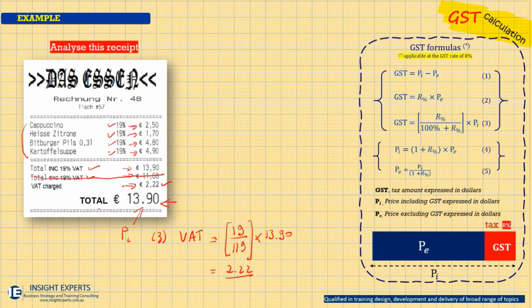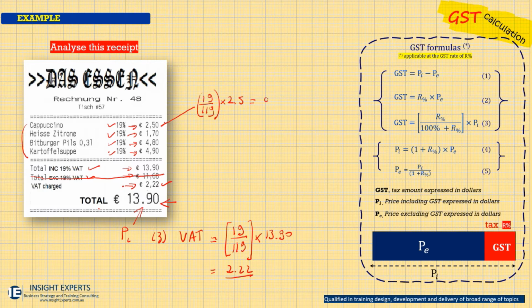Now, since the VAT rate is consistent, i.e. it is the same for all the products, I'm going to try and calculate the VAT amount for each item, then add them up together. So if I just come here, and this is the price including GST, the VAT amount or the GST amount paid on this individual product is equal to 19 over 119, and that again, as per equation number 3, we multiply by 2.5.